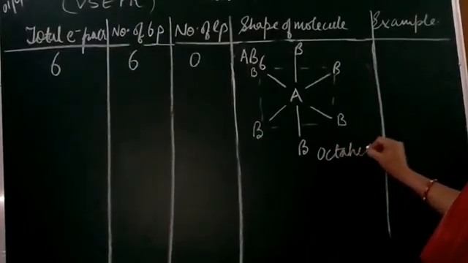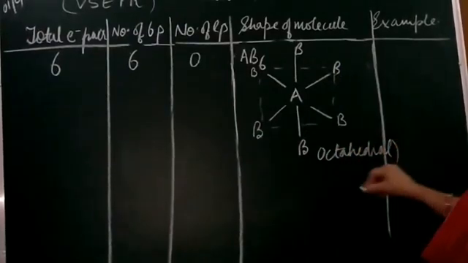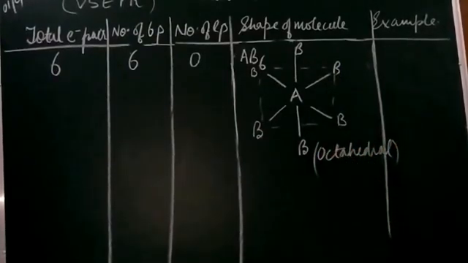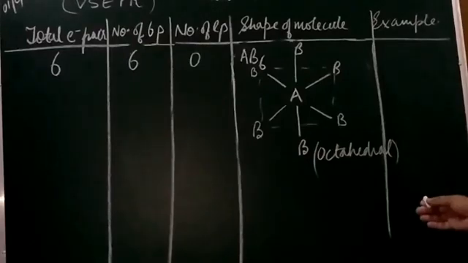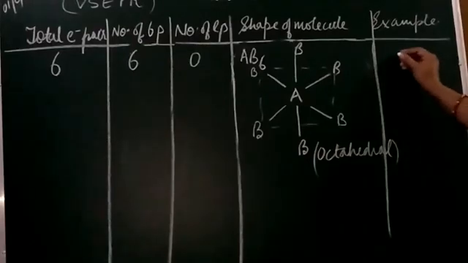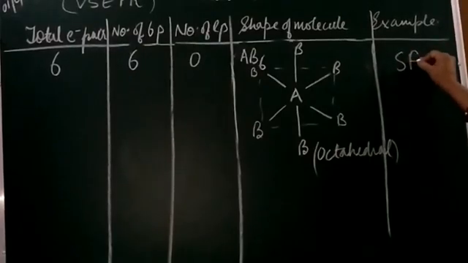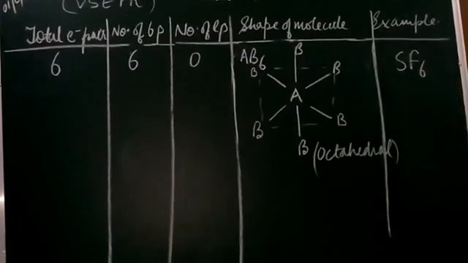So the shape of the molecule of AB6 type will be octahedral if all the bonds around the central atom are bonded and there is no lone pair. So at that time we will have the octahedral shape, right, students?